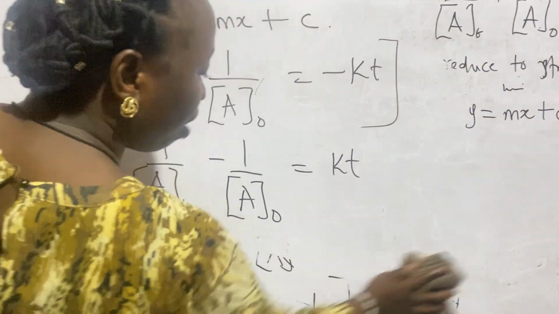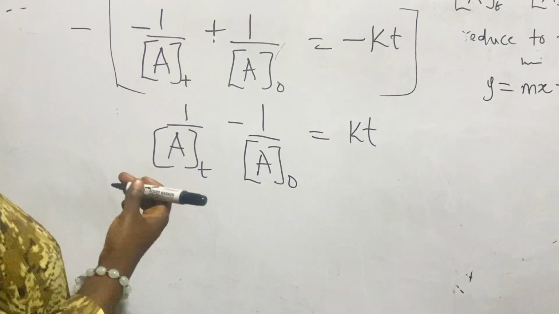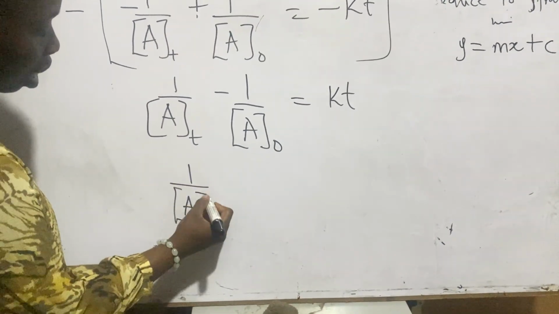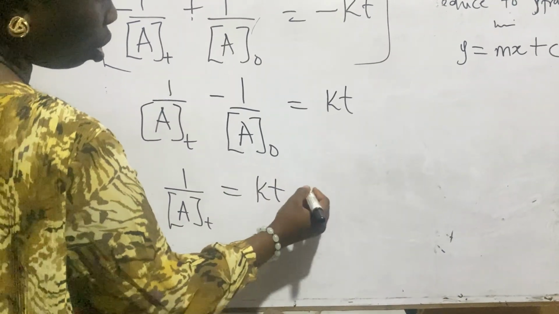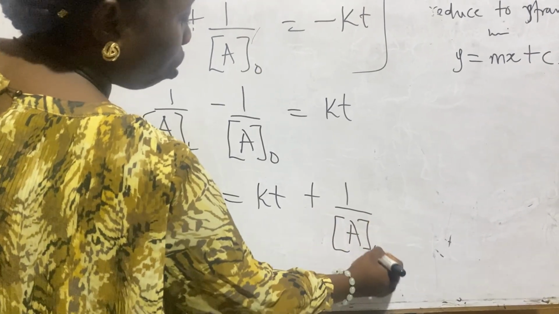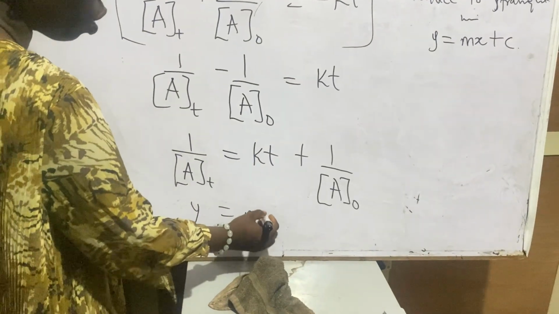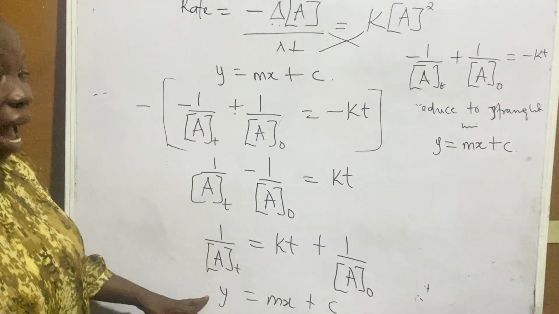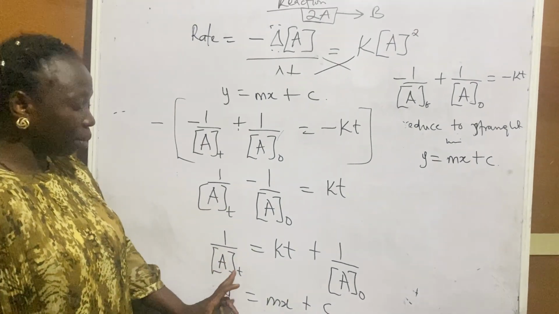Before we can now rearrange it properly, because we said rearrange to a straight line graph. So it becomes 1 over concentration of A at time t equals Kt plus 1 over concentration of A at time what? 0. So this will be the equation of a straight line graph for a second order chemical reaction, where your y-axis becomes 1 over concentration of A at time t.